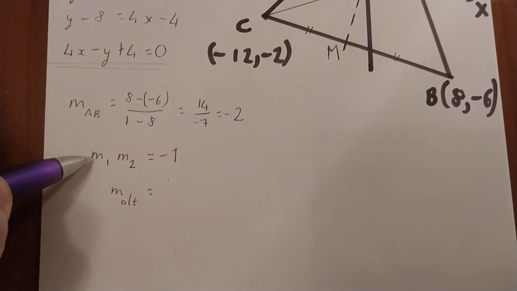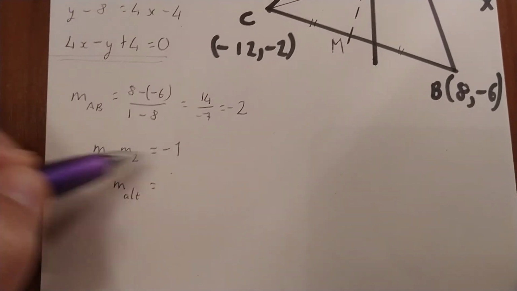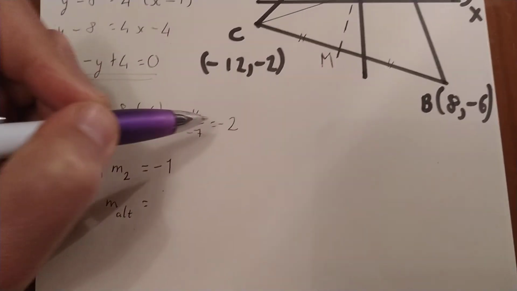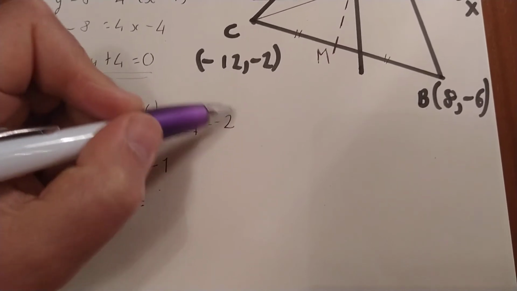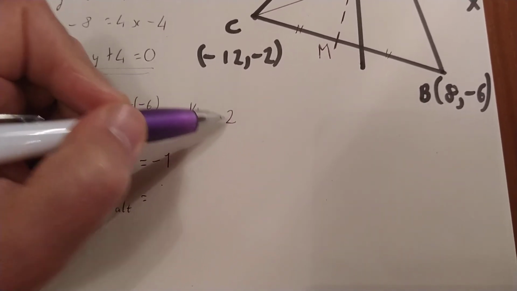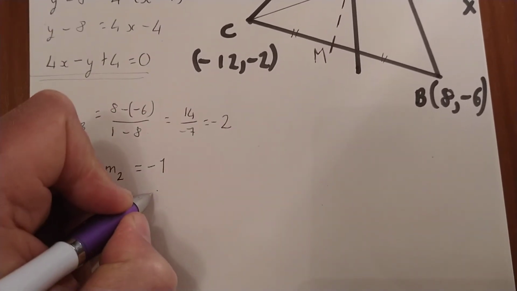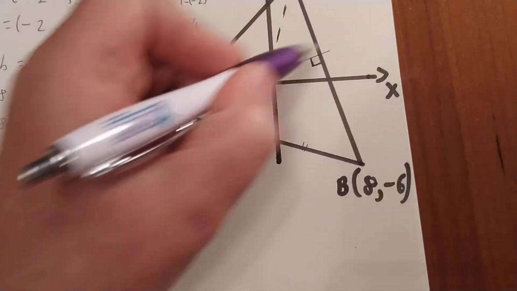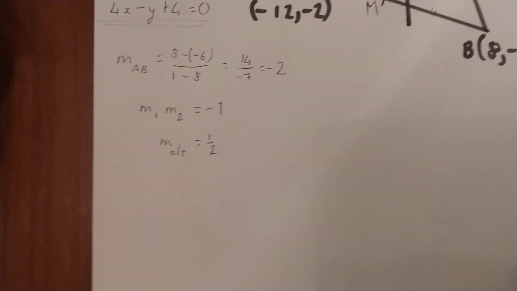Now I can either say if this is negative 2, I'm dividing both sides by negative 2, or I can go with the rule of thumb of flip it the other way up. Remember, this is minus 2 over 1, so it becomes 1 over minus 2, and swap the sign, becomes a half. Again, could this line be gradient a half? It's just a sketch. Yes, it could.